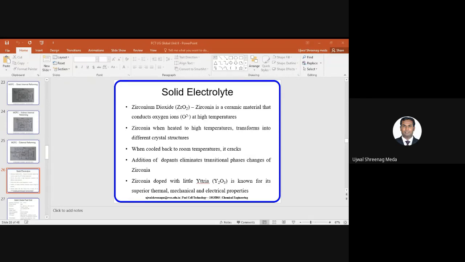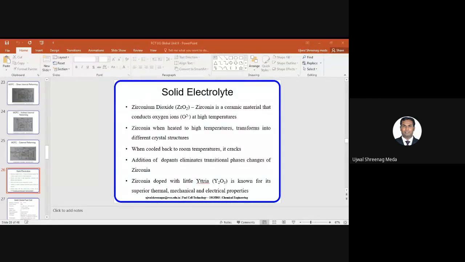And when it comes to the electrolyte, it is a binary mixture of two carbonate salts, and because of the high temperature, it will be in the molten form. And this molten liquid electrolyte will be contained using a ceramic matrix.